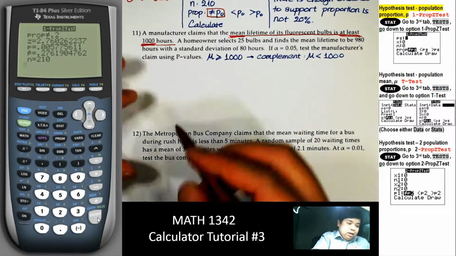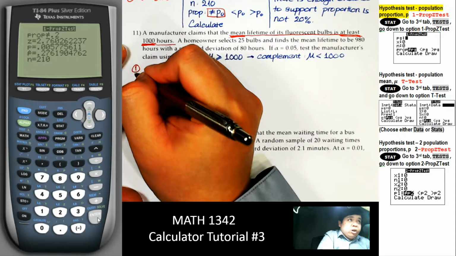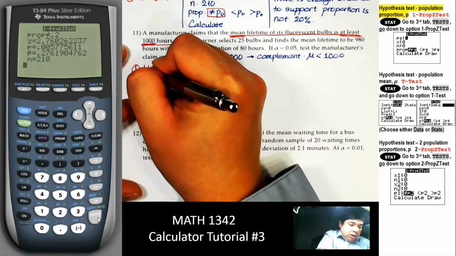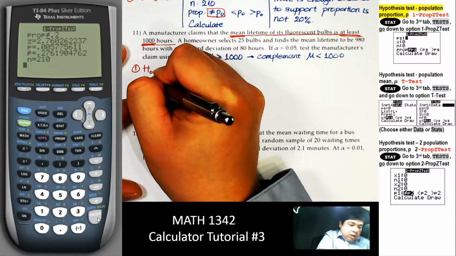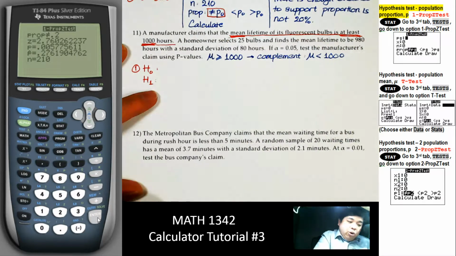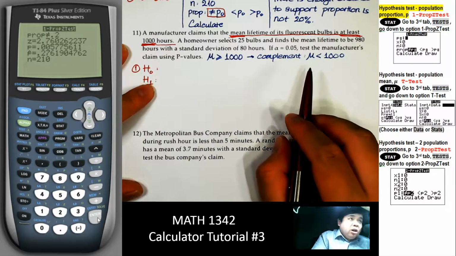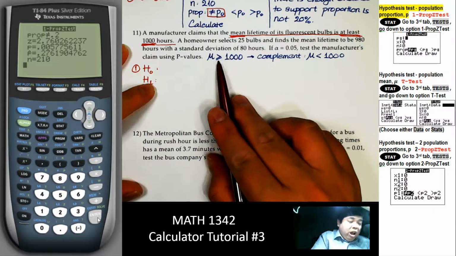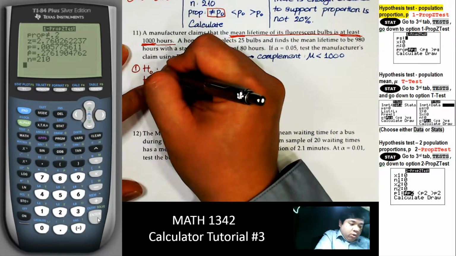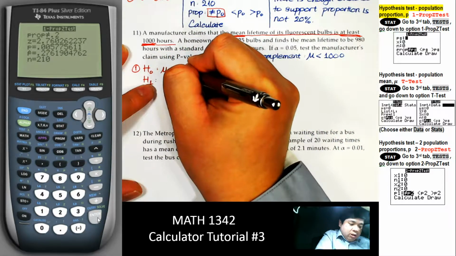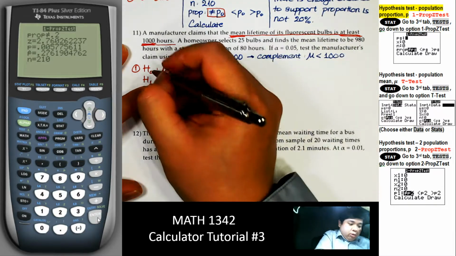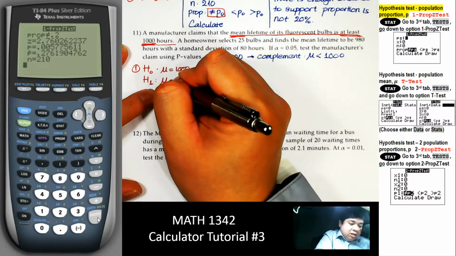So the first step is to establish the hypotheses, null hypothesis and alternative hypothesis. The null hypothesis, we have the equal sign, so we just write that equal to 1000, and the alternative, we have less than instead.